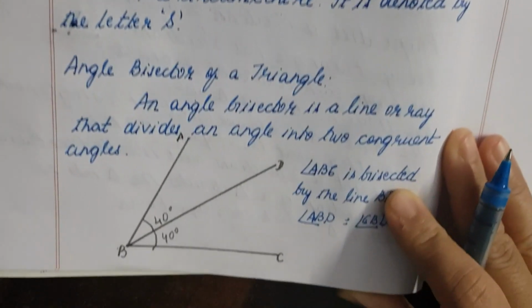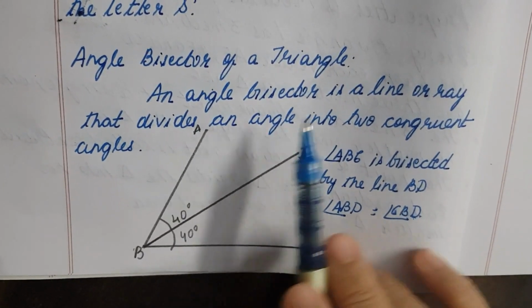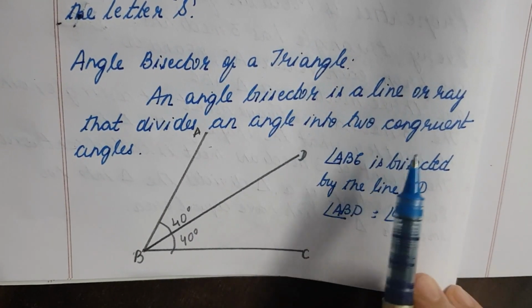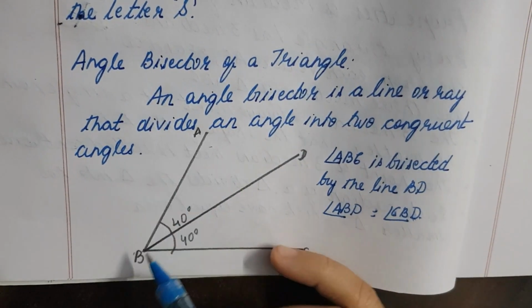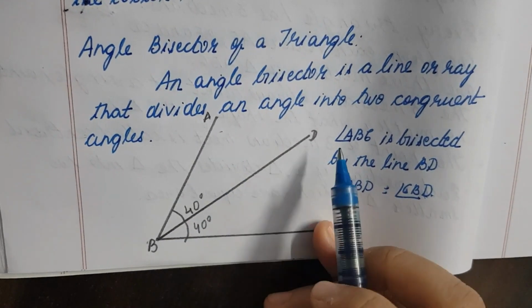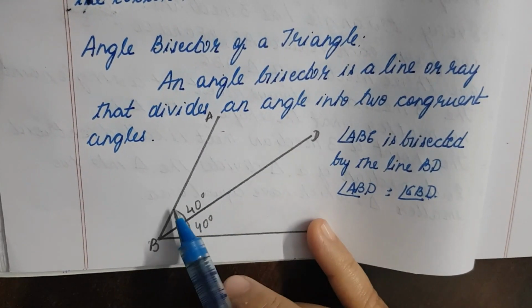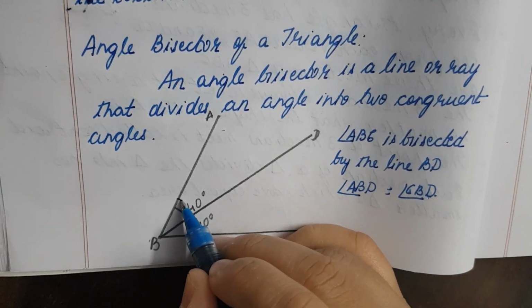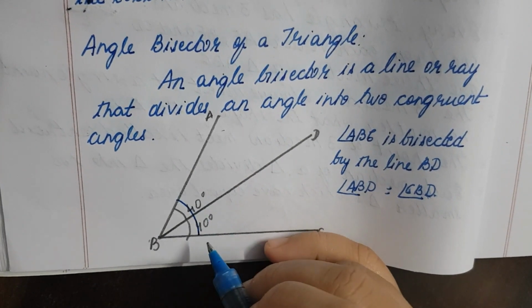Angle bisector of a triangle. An angle bisector is a line or ray that divides an angle into two congruent angles. So the angle bisector, see, is a line or it can also be said as a ray. What does it do? It divides an angle into two. See, now if we take this angle, it is 80 degrees, right? 40 plus 40 is 80.